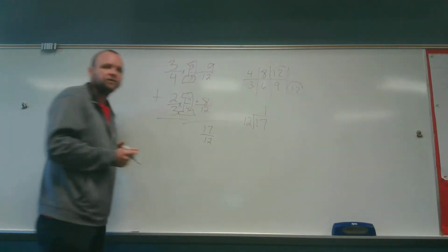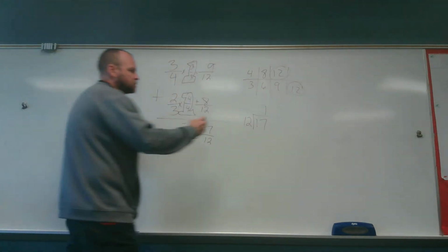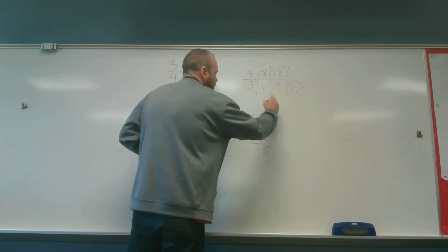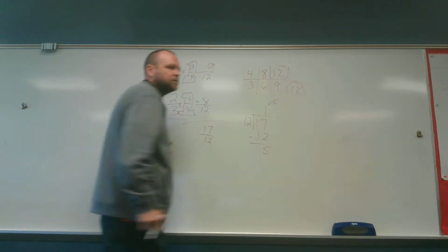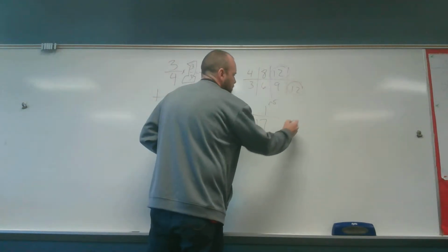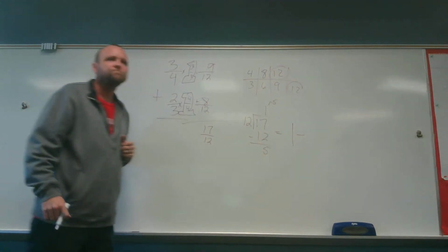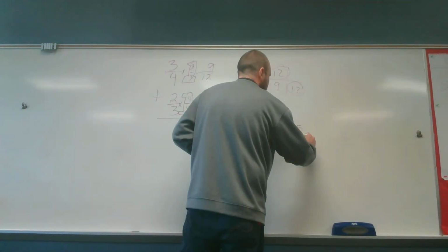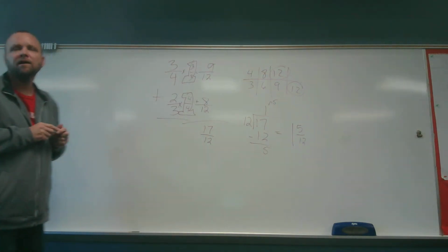And 1 times 12 is what, Ari? 12. 17 minus 12 is? 5. So we have 1 remainder 5, which gives us a mixed number of, Ari? 1 and 5/12.